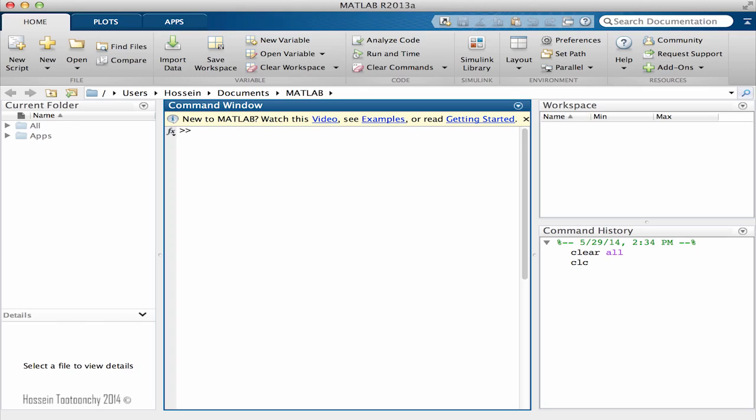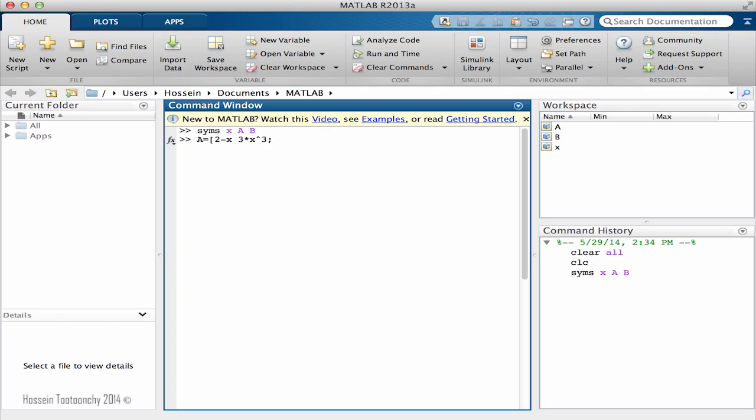So let me define our variables, syms x, a, and b. These are the variables that I'm going to work with. Let's define A: 2 minus x, I'm creating a 2 by 2 matrix, by the way, 3x cubed.